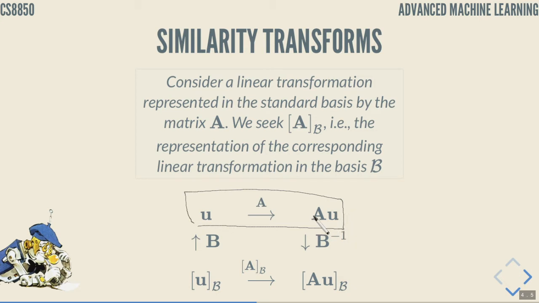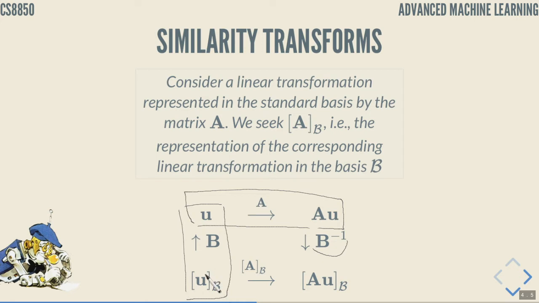We can take this AU and project it into the B basis by multiplying with B inverse. And we have this transformation as well.